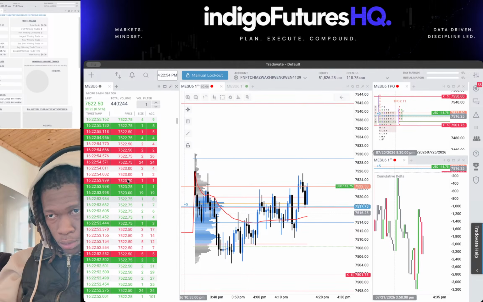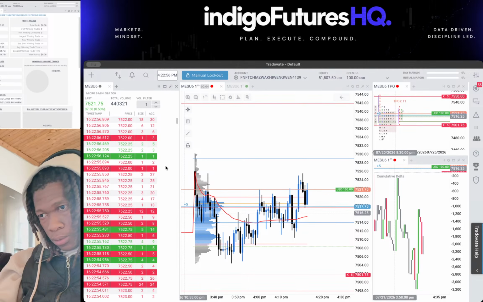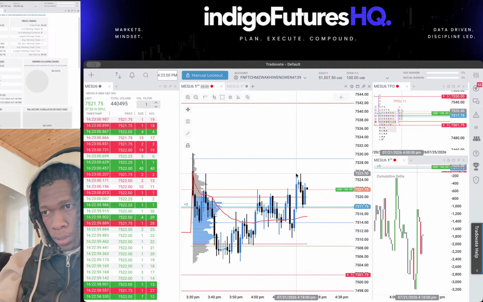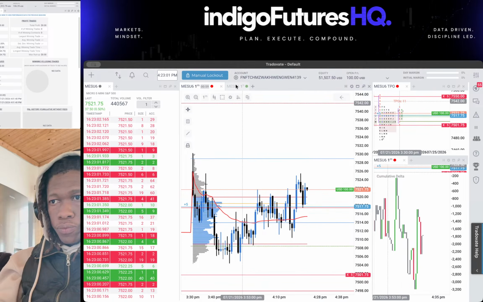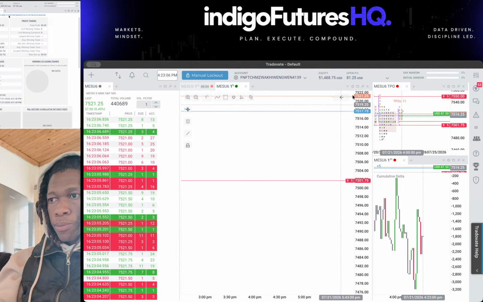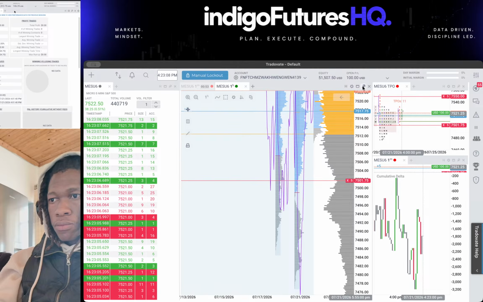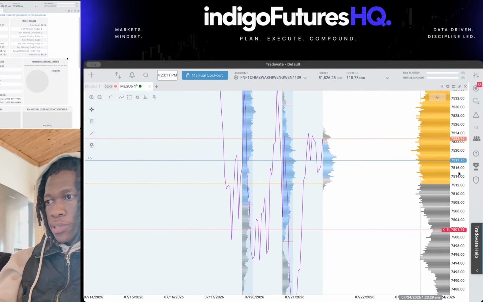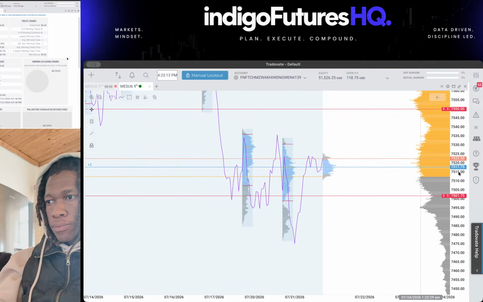522s, 523 sells. Just look at the composite again and see, is there anything significant on the composite that we might be missing?